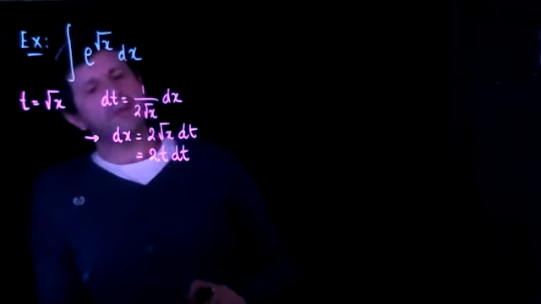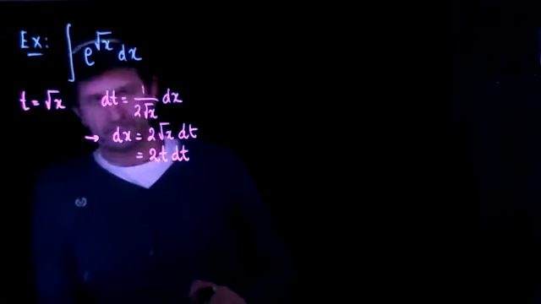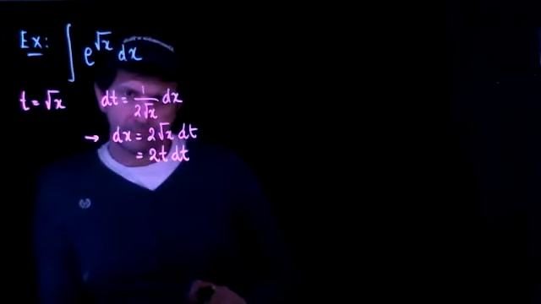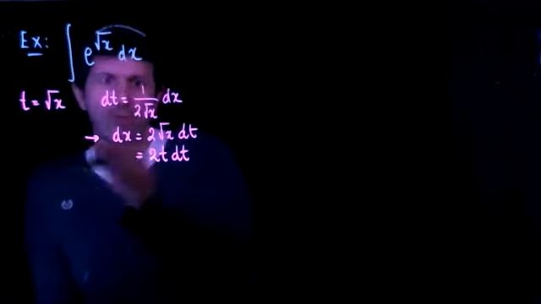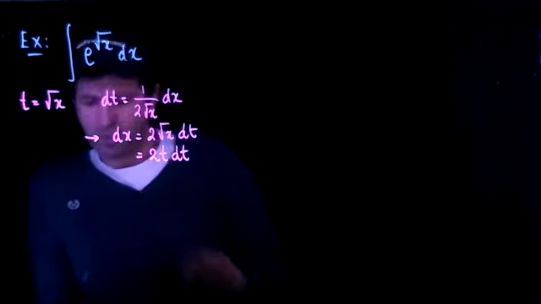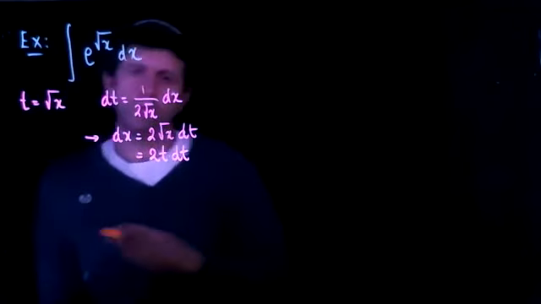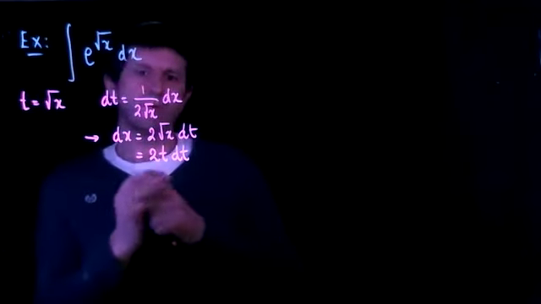Could you explain why square root x becomes 1/2 square root x? So the derivative, why is this derivative here? This is the calculus 1 question.